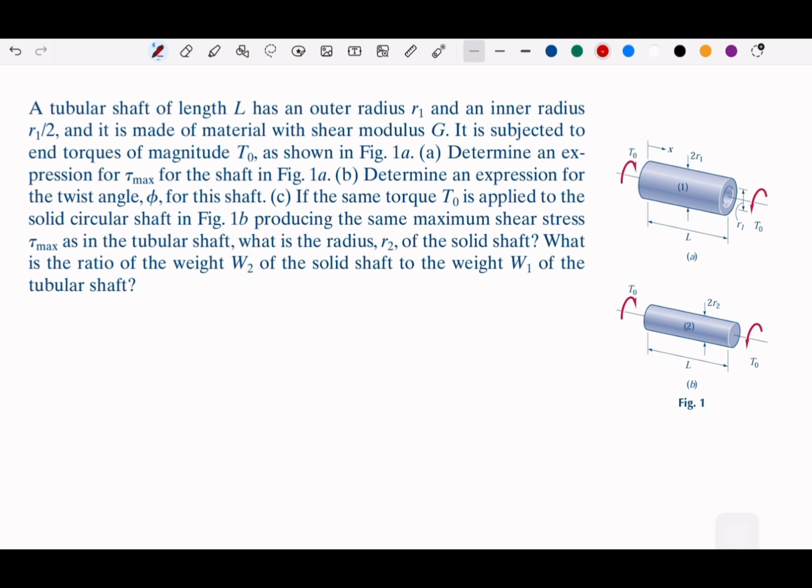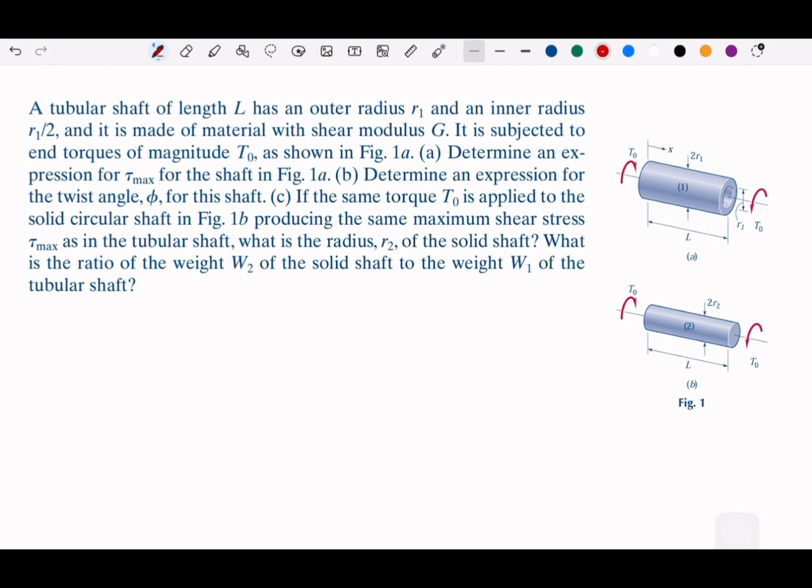And if the same torque is applied to the solid circular shaft in figure 1B, the bottom picture, what is the radius of the solid shaft? And what is the ratio of the weight of the solid shaft to the weight of the tube?